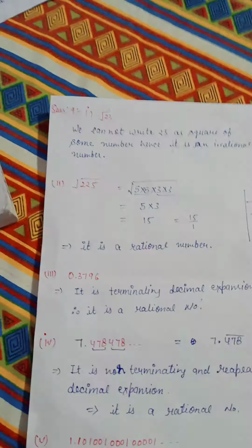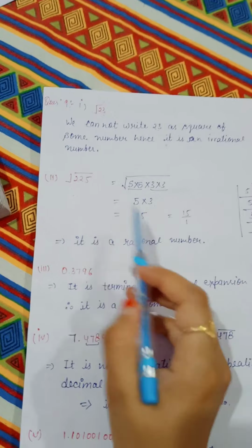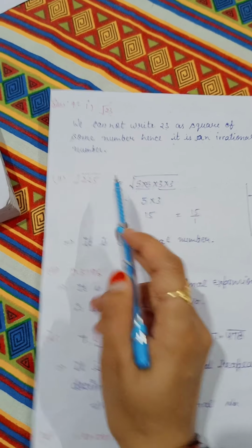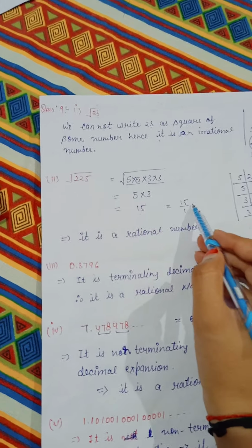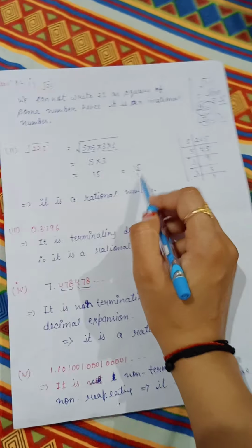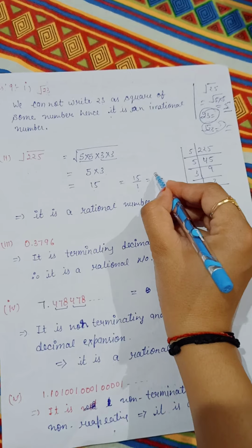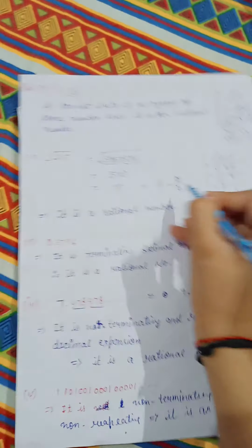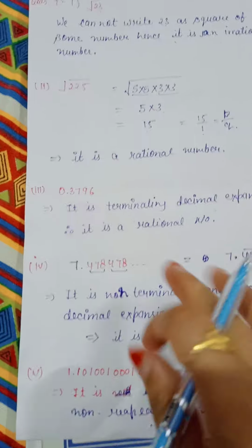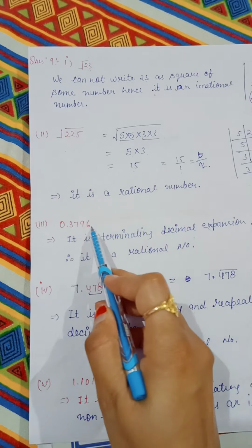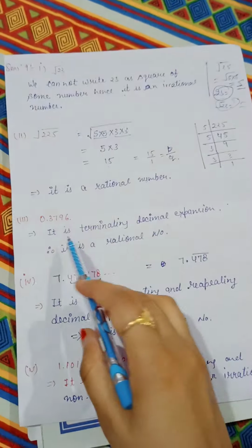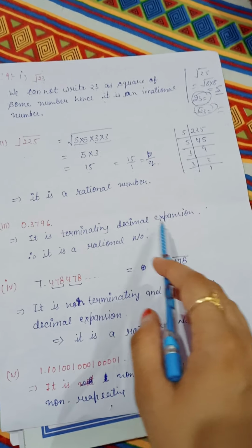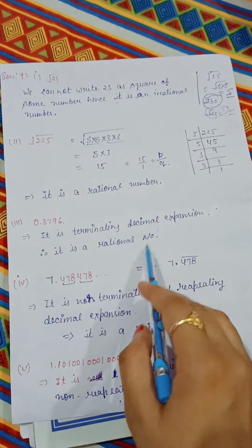So we can say that 15 is the square root of 225, so it is not an irrational number, and we can write it in the form p upon q: 15/1 is the form of p upon q. The next number is 0.3796. We know that all terminating numbers are rational numbers, so it has a terminating decimal expansion, so it is a rational number.